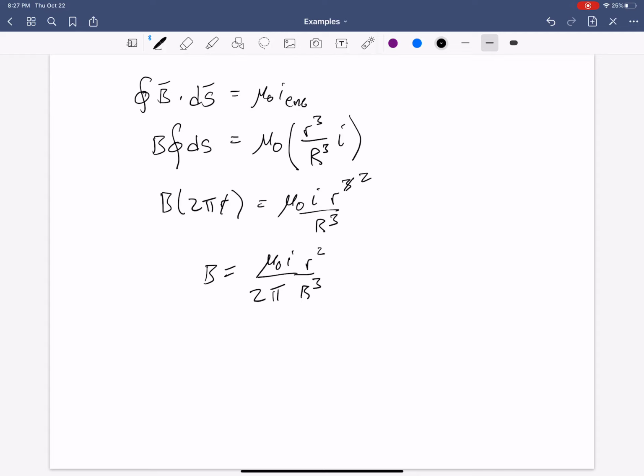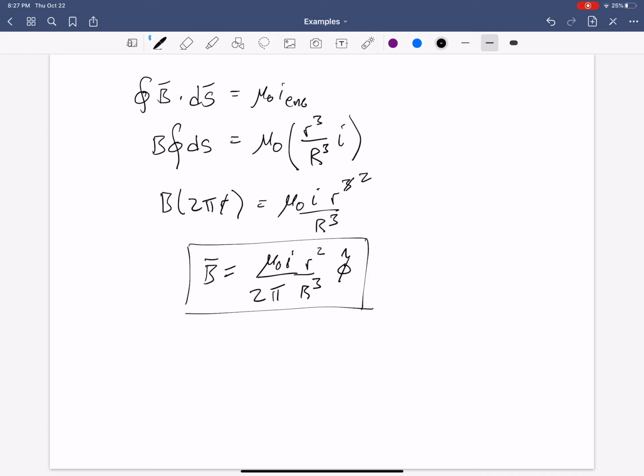And the units are the same as in part A, mu naught I divided by one factor of radius, right? One factor of a distance. So the units are correct. And the direction is the same as in part A, the phi hat, right?